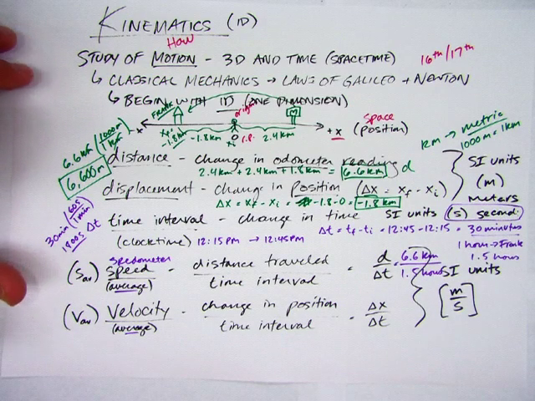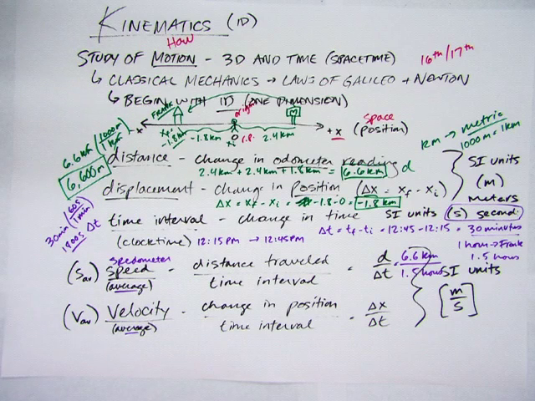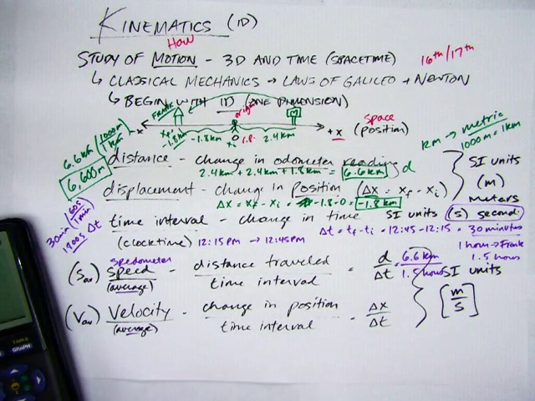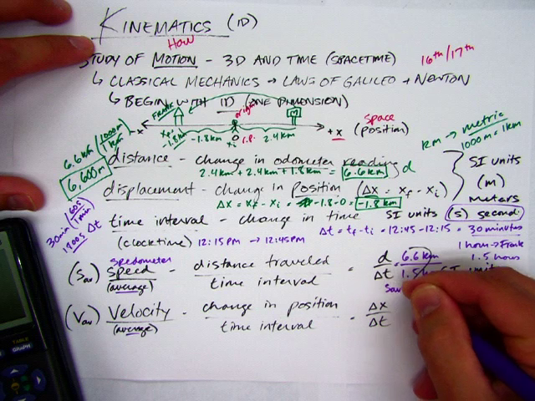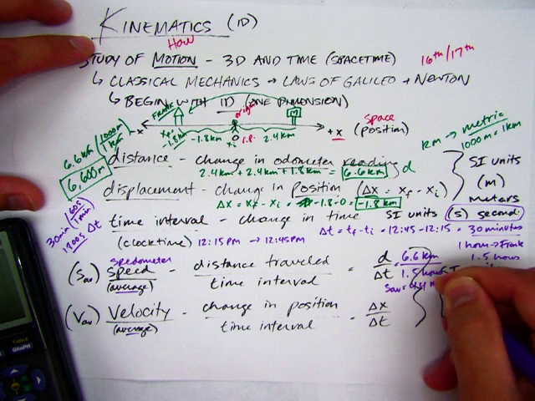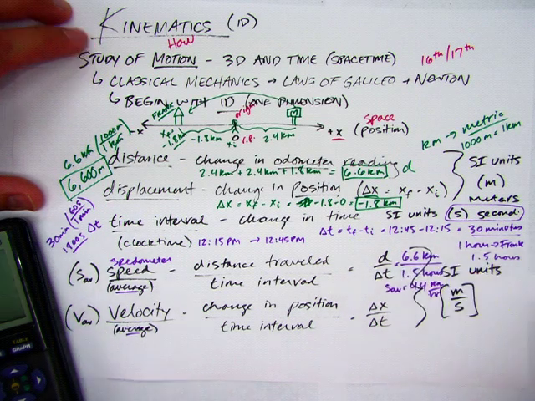Okay, so my average speed there, I should have my calculator handy, is 4.4 kilometers per hour.